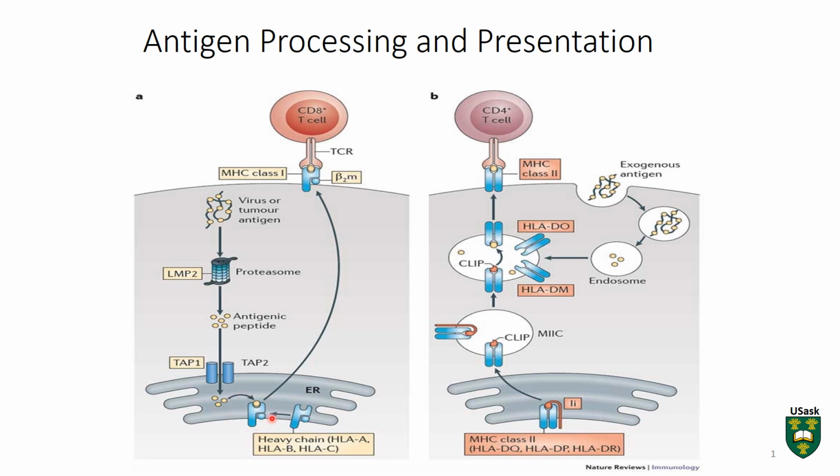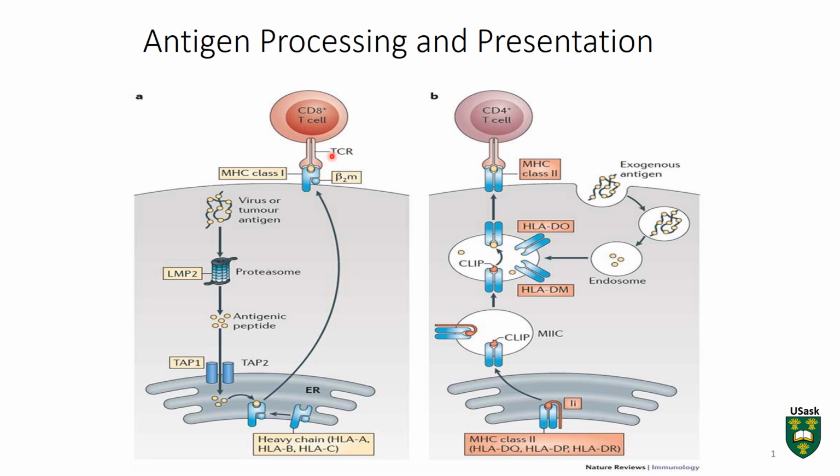Once this happens, class 1 becomes fully mature. It will leave the cell and go to the cell surface, where it interacts with a specific type of T cells called CD8 positive T cells through the T cell receptor.